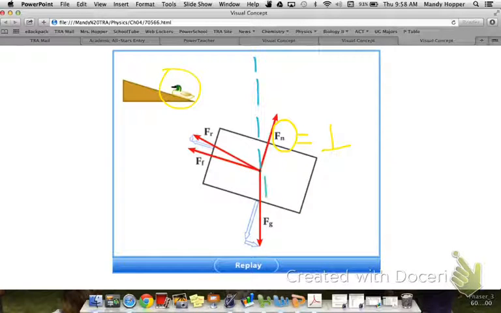Force due to gravity, that is going straight down. And then even notice the force of the rope, that FR. It's at an angle also. Again, force of the rope. Originally the rope was pulling like this.